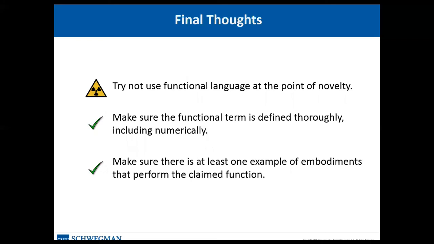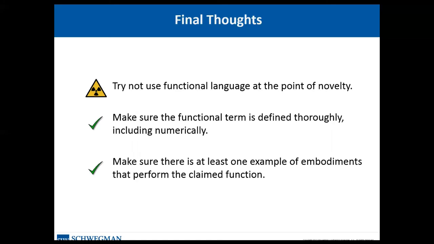So one of the final thoughts that we can take home from the Halliburton case is that you would probably be best advised if you didn't use functional language at the point of novelty.